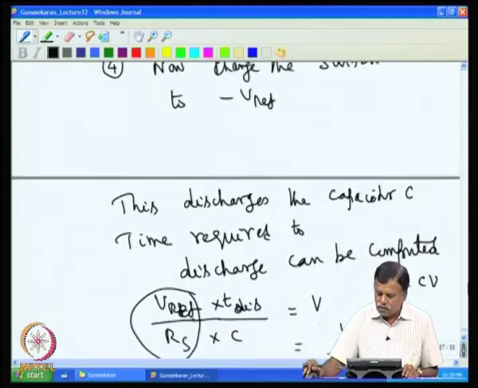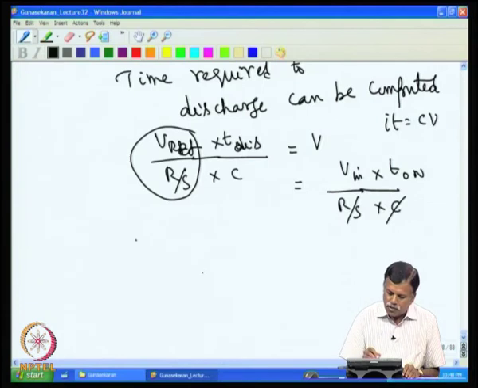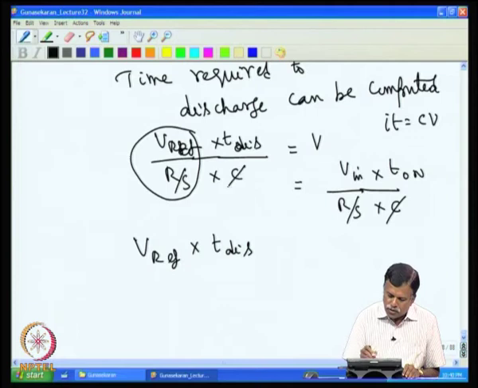Now, in this equation V reference is fixed, and on both sides RS and C go off. So, V reference into T discharge, and C also went off, so you will get V in into T on.